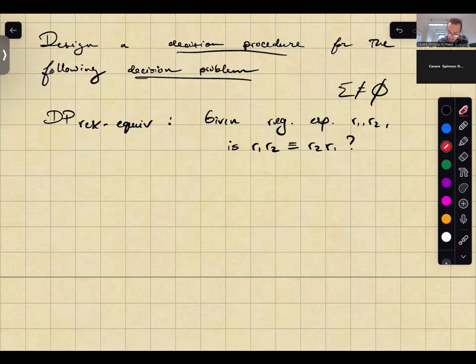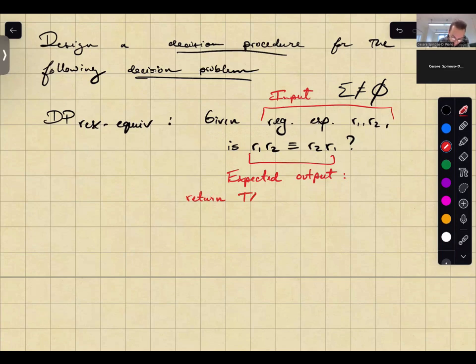So essentially what's going on is we're given two regular expressions as the input in our decision problem, and the expected output in this decision problem is we should return true or yes if the language denoted by r1, r2 is equal to the language denoted by r2, r1, and we should return false or no if this is not the case.